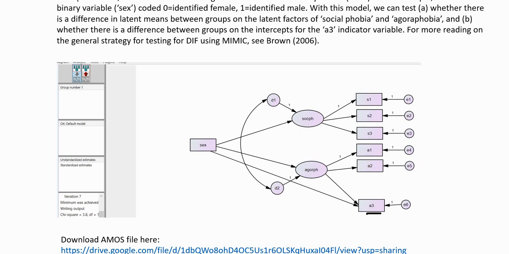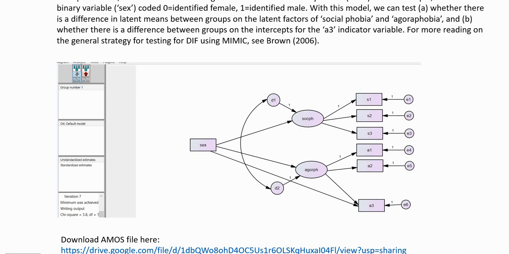And so the basic idea in this case is that we want to test whether there are sex differences or gender differences with respect to A3 after we control for the latent factor agoraphobia.